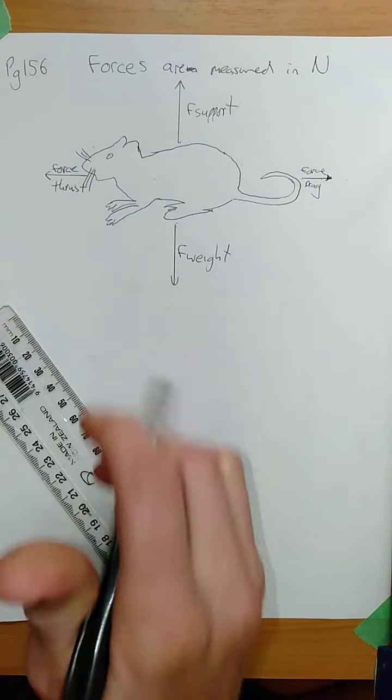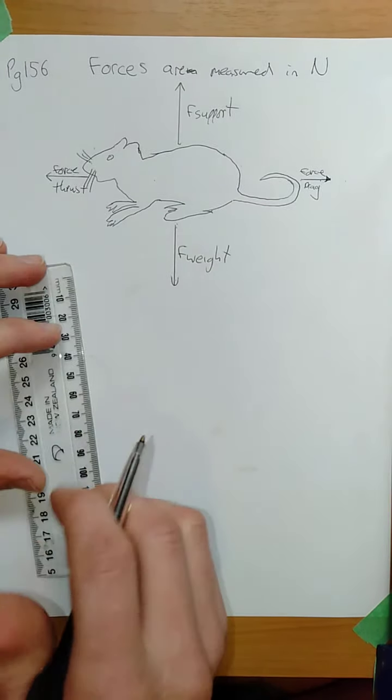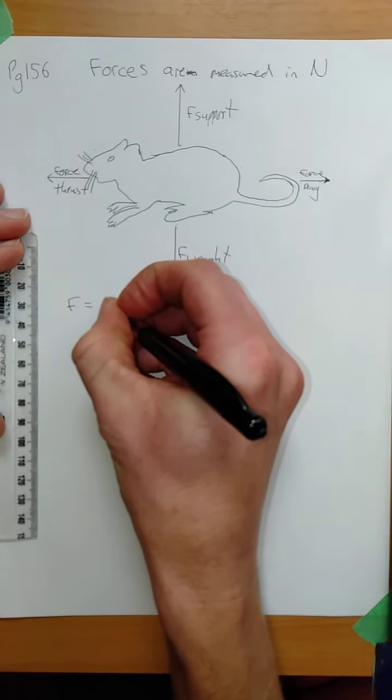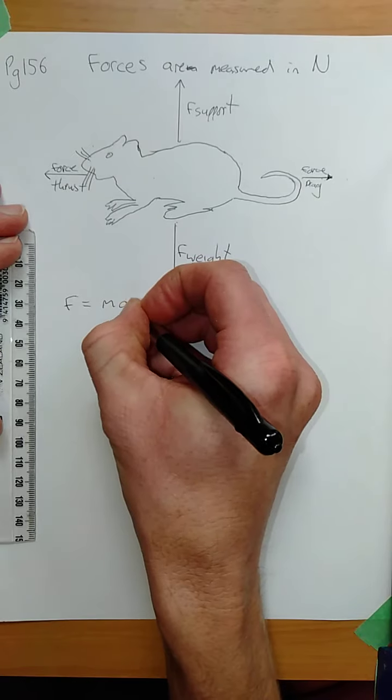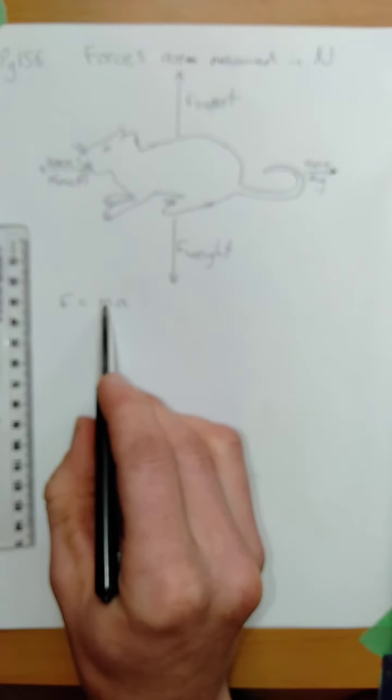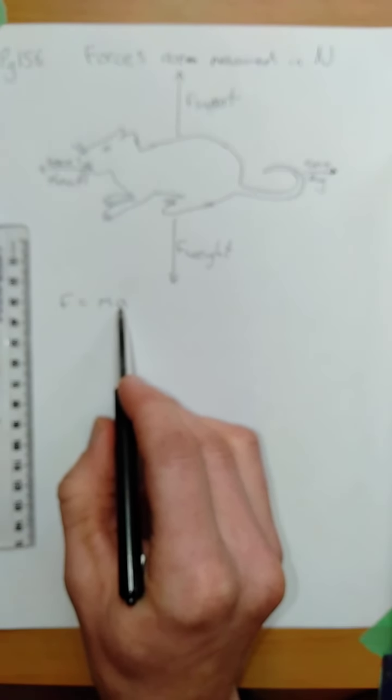Now, if we carry on, page 156 gets into some calculations using this formula here. F is equal to ma. It's the universal formula for force. And mass is in there because it matters and acceleration matters.